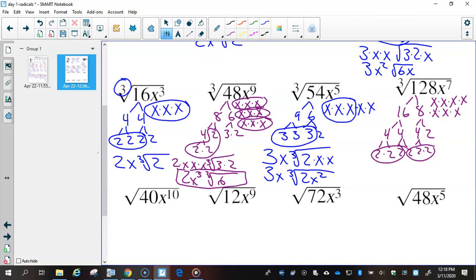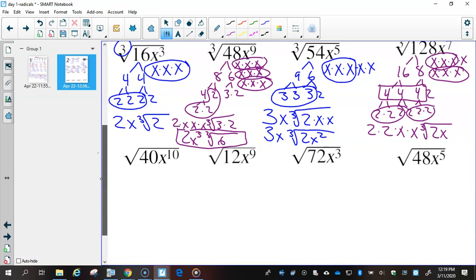So whether you stopped here or kept going, you would get the same thing. Oh, I didn't do the x's. And you have 2 groups of x's with 1 x and 1 2 left inside. So 4x squared times the cube root of 2x.